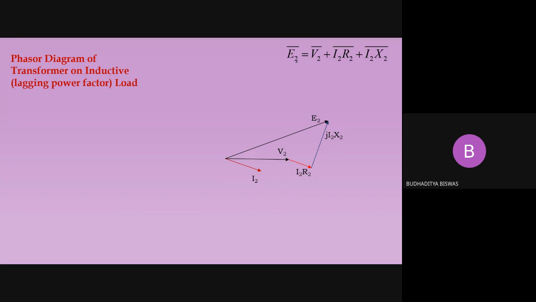So E2 is the summation of the voltage drop across the resistance plus the reactance plus the load side, because no other components are there to take voltage. So E2 equals V2 plus I2 R2 plus j I2 X2, and this is a phasor summation, which is why the phasor symbols are there.